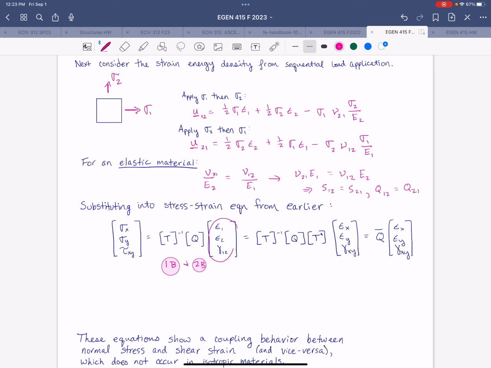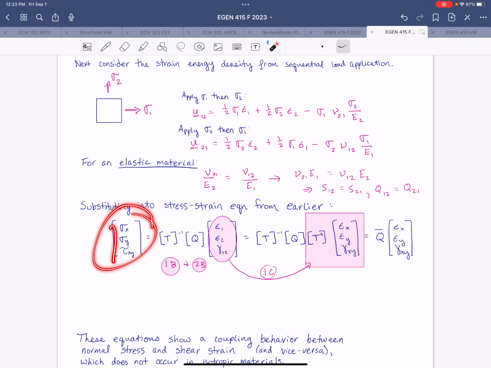And then if we substitute in our equation 1c, that would get us a relationship between the normal stresses and shear stresses in XY to the normal and shear strains in XY.